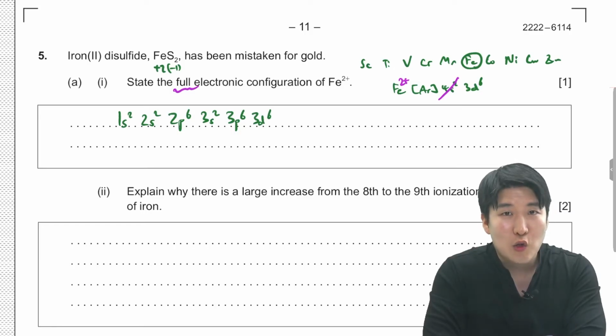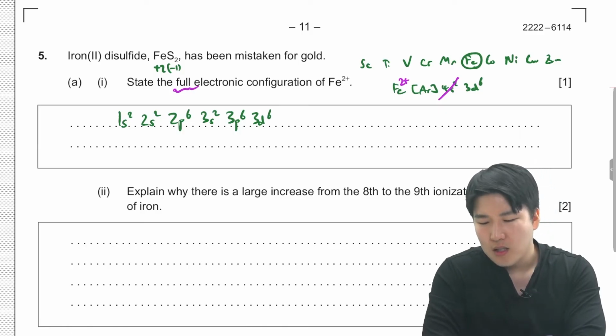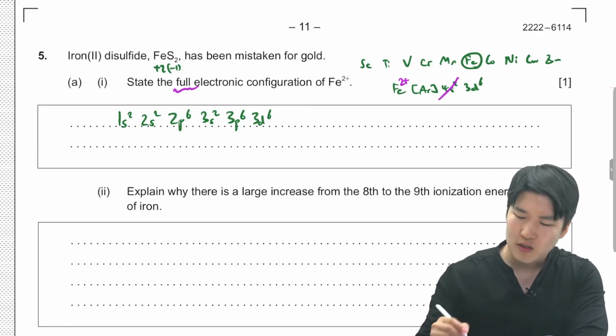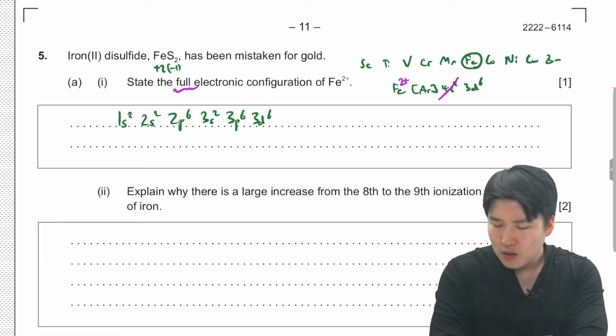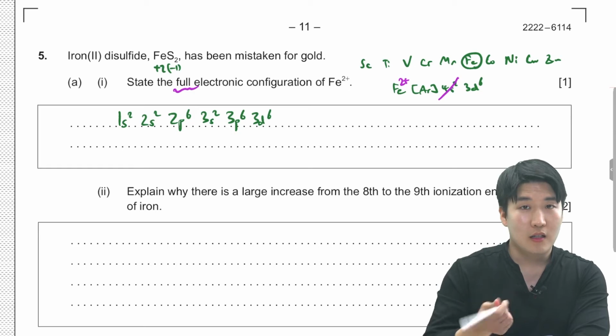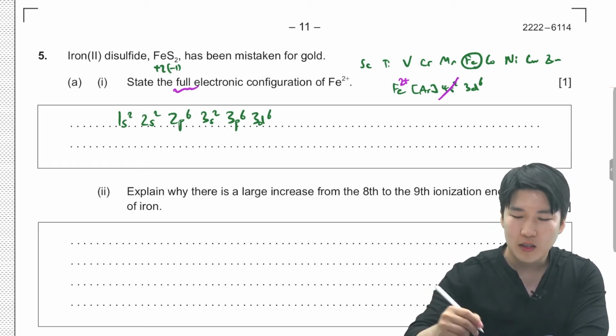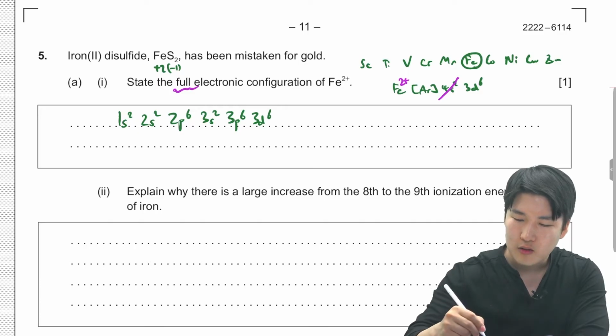Okay, so there's going to be an increase from the 8th to 9th ionization energy. That's an awfully high successive ionization energy. But why are we dealing with 8 to 9? Look at the electronic configuration. How many electrons are there in the atomic state of iron?